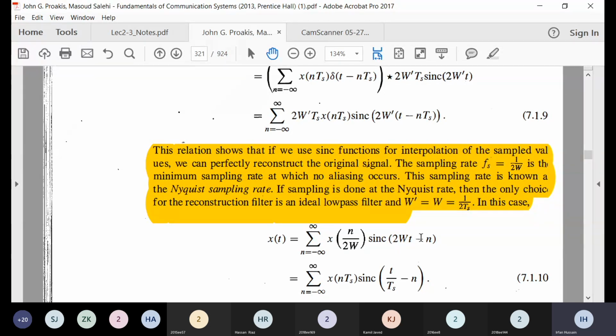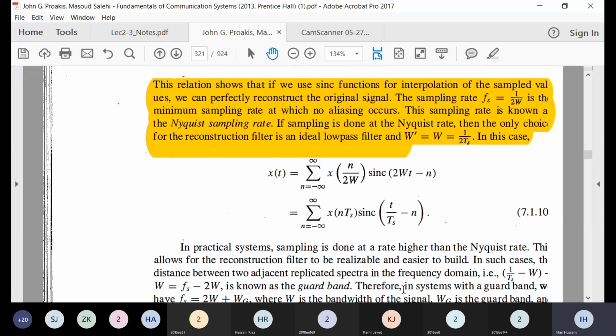So 2W is 1 over Ts. You can also write x(nTs) here, sinc of t over Ts minus n, the same signal that we saw earlier. So we have proven the Nyquist theorem.